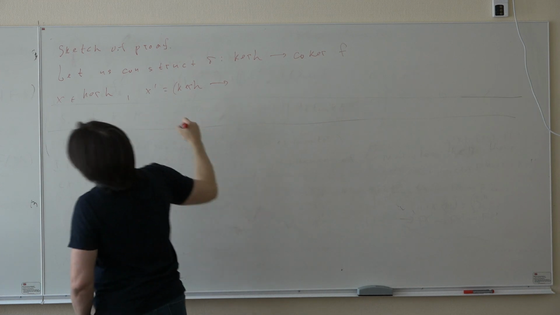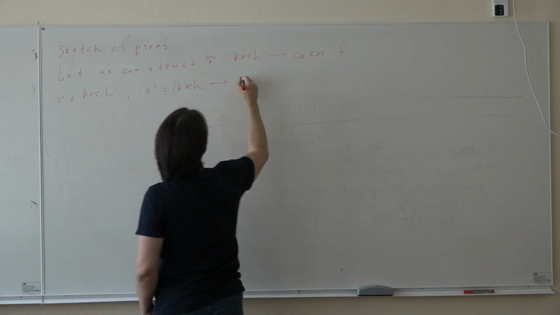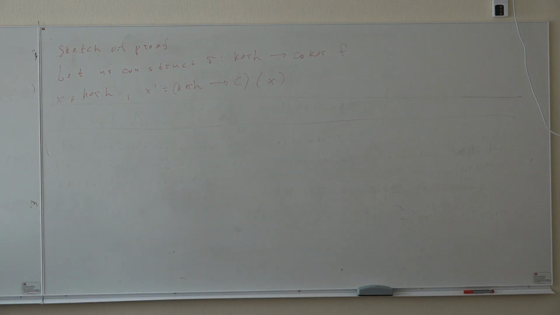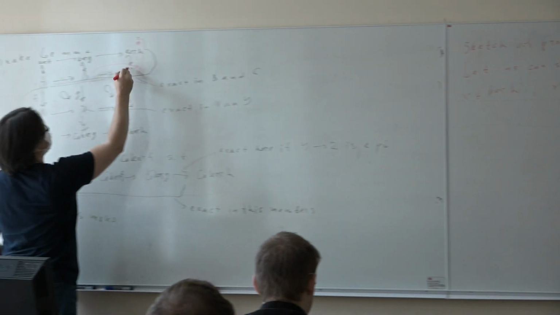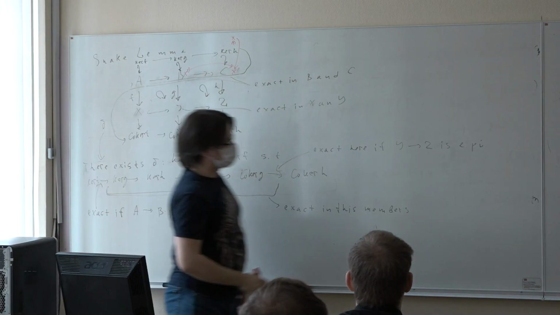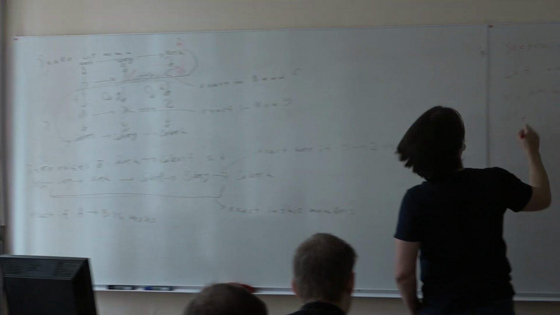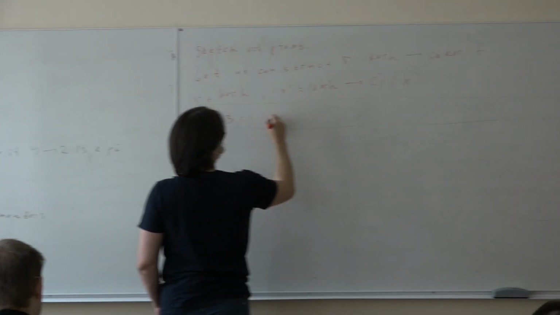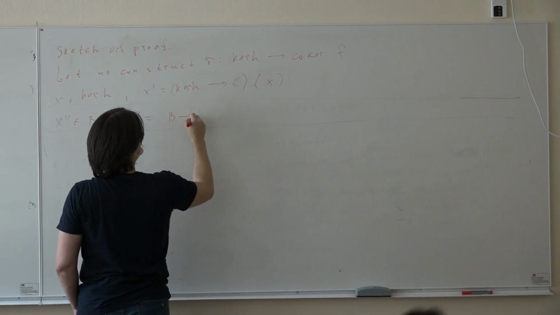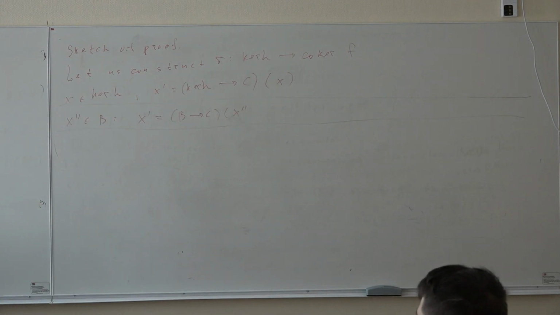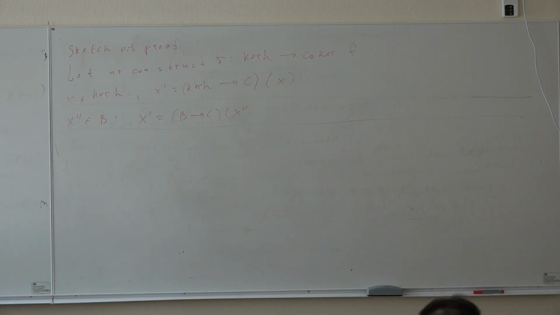Then, since this map is epi, we can take some x2 prime, which is a preimage of x prime. Then we can apply the map G and obtain x3 prime.